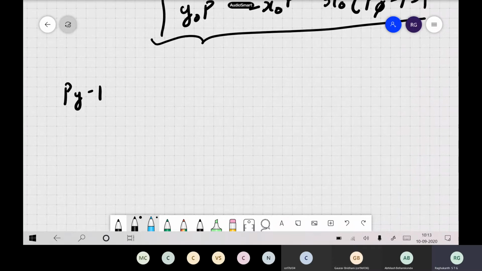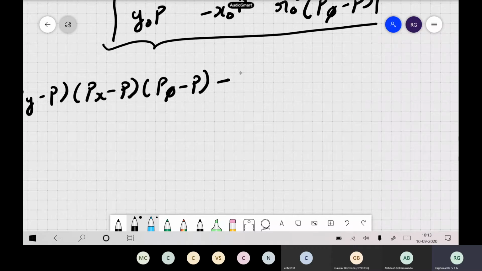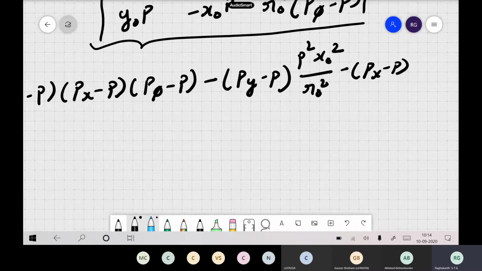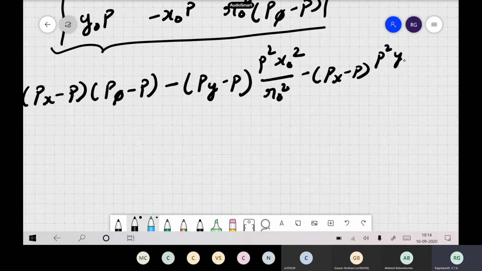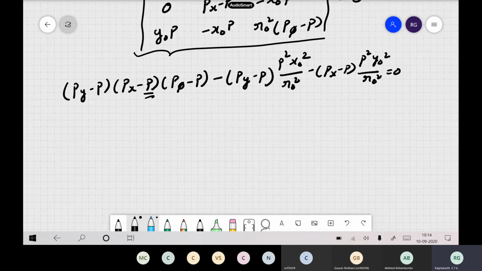Py minus P, Px minus P, P phi minus P. The off diagonals are not 0, so obviously the equation will be slightly complicated: Py minus P times P square x naught square by r naught square, minus Px minus P times P square y naught square by r naught square, is equal to 0. This is your characteristic equation to find the loads P. It is a cubic equation, so you will have three roots.